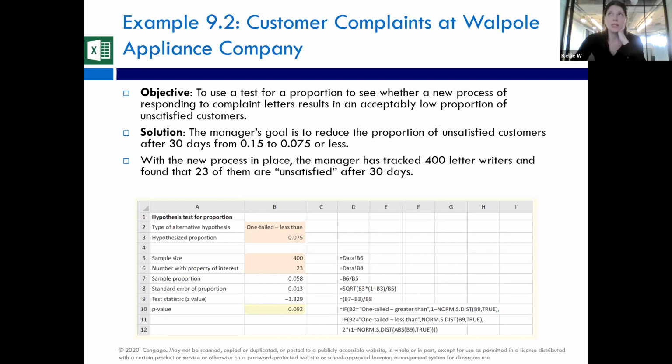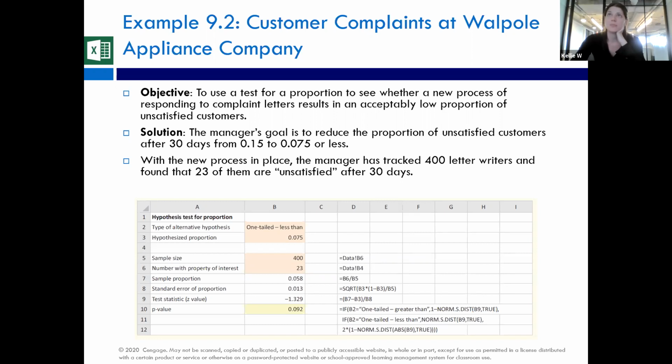So currently, our proportion of unsatisfied customers after 30 days is 15% or 0.15. And we want to test whether or not the new proportion is less than 0.075. So notice the language, less than. We don't care about greater than or less than. We want only less than. That's all we care about. We're not concerned at all with the other side. So we're doing a one-tailed test.